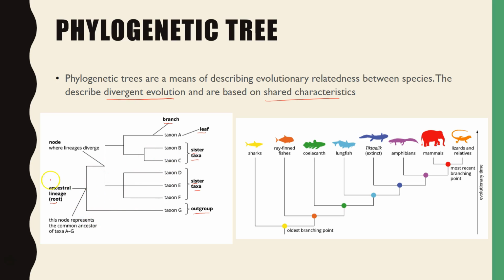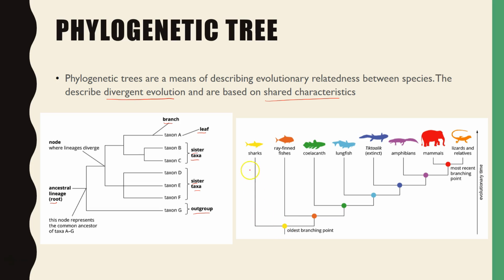And we have an ancestor or a common ancestor over here that will diverge or split via a node, as you can see there, and that will split again, and this is a branch that will produce that species, etc. So if we look here, in evolutionary time, so the time since the Earth's begun, the oldest branch will be the oldest common ancestor, and the most recent branch will be the most recent common ancestor.